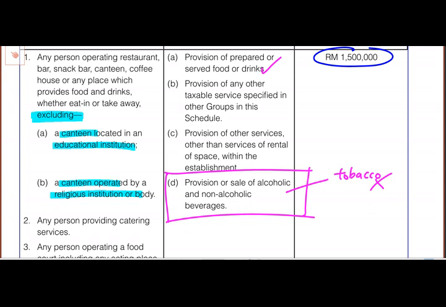That means if you go to a restaurant and buy cigarette, there's no 6%. You go to a restaurant and buy beer, there will be 6%. You go to a hotel and buy cigarette, there will be 6%. Because hotel includes tobacco. And this one does not include tobacco. So you must see what are taxable in your category. Okay? Now, next.